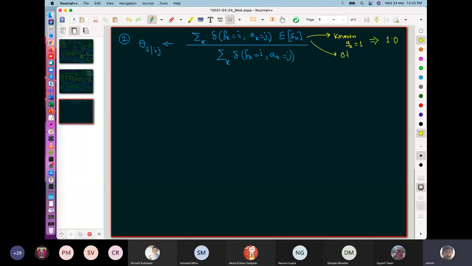For others, that means where you don't know Sk, the previous step has given you some expected value of Sk. You will use that in that summation.